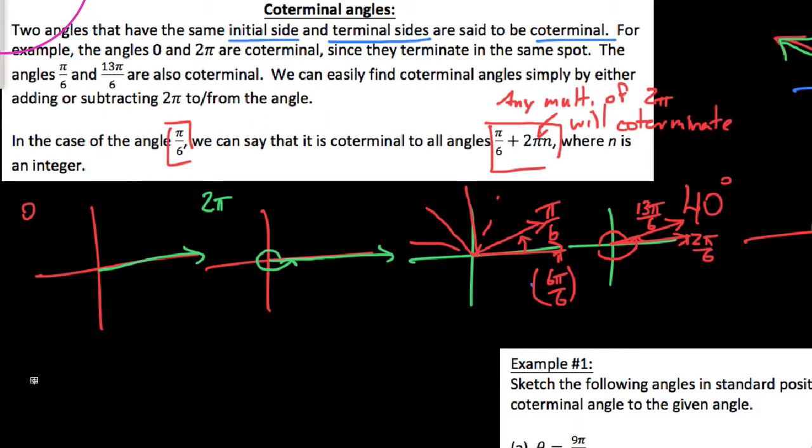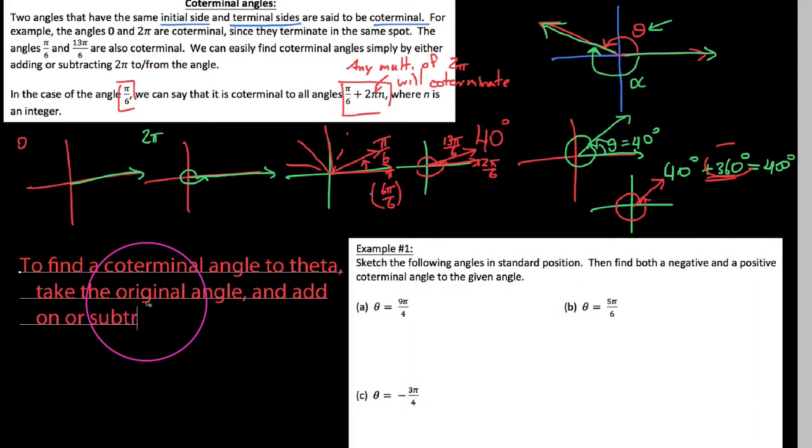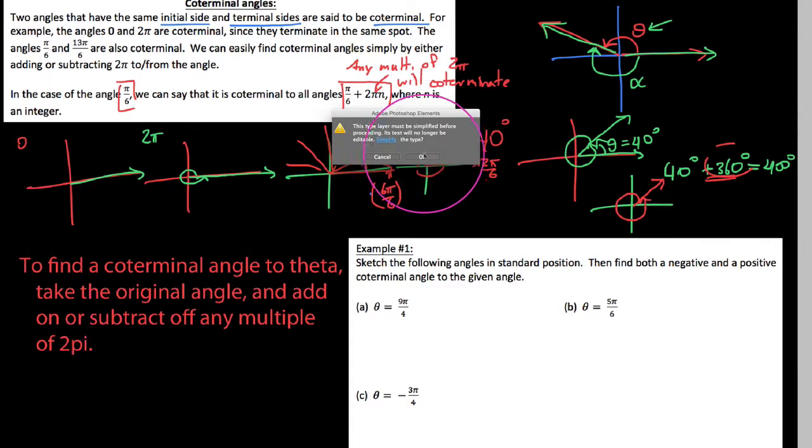To find a coterminal angle to theta, take the original angle and add on or subtract off any multiple of 2 pi. Okay, and that's essentially what we do to find coterminal angles, especially in radians, of course.